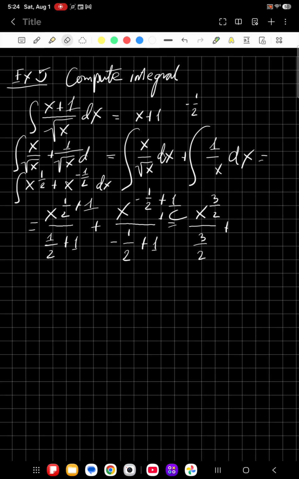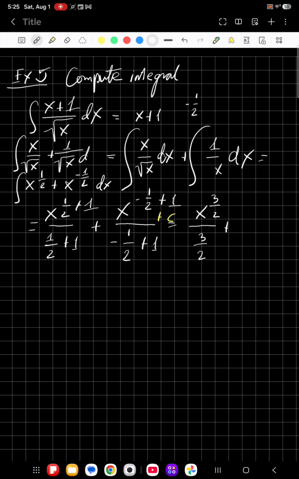Let me write it in a different color, because it kind of gets lost there. So plus c. So a lot of students, people, including me, forget that plus c. And that c is supposed to be there. People forget. And that's kind of how it is.